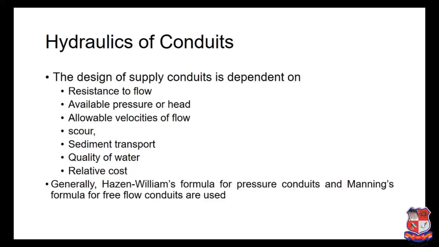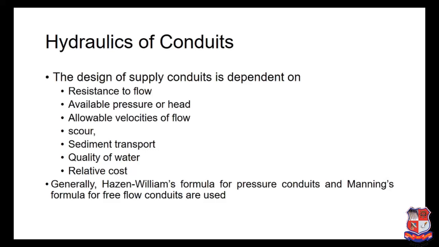Then the next one is the scour. This happens if the velocities are more, right? If there are higher velocities, turbulent flow is there, then scour of the inside surface will occur, and the frictional losses will then increase. Then sediment transport. We know that it also depends on the velocities.